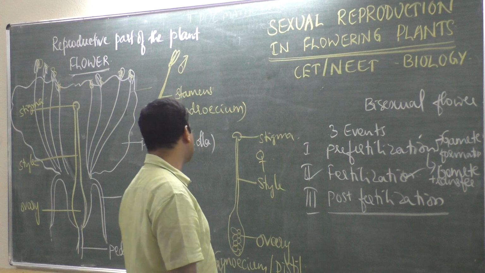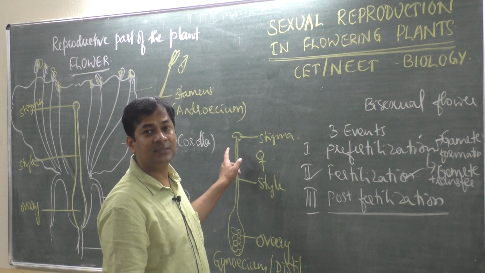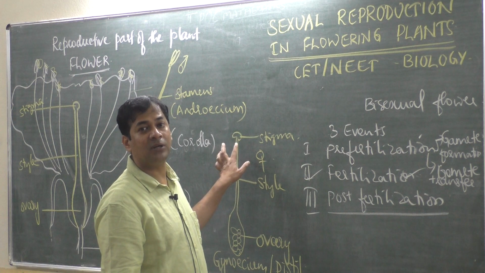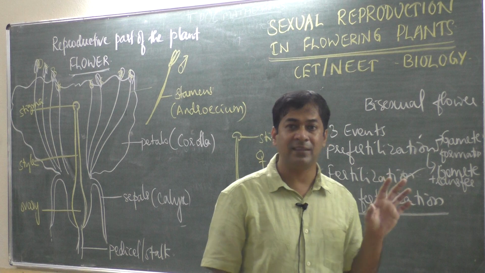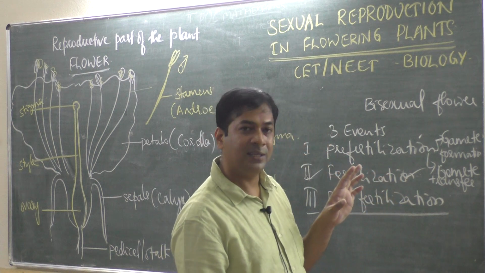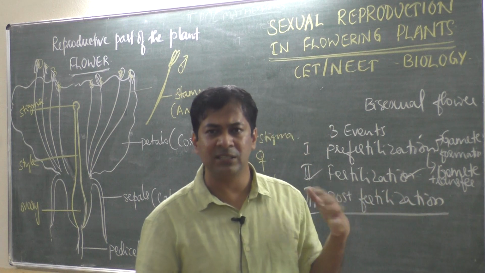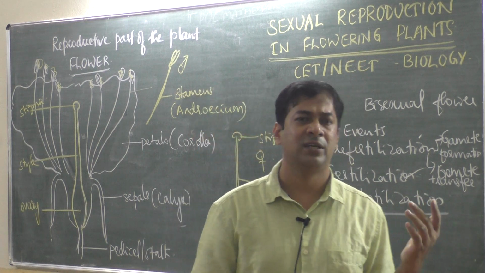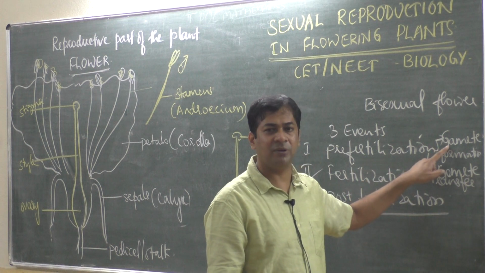We are going to learn about formation of pollen grains in the anther, which is the male reproductive part. Formation of pollen grains is nothing but gamete formation. So under pre-fertilization, first step is gamete formation.